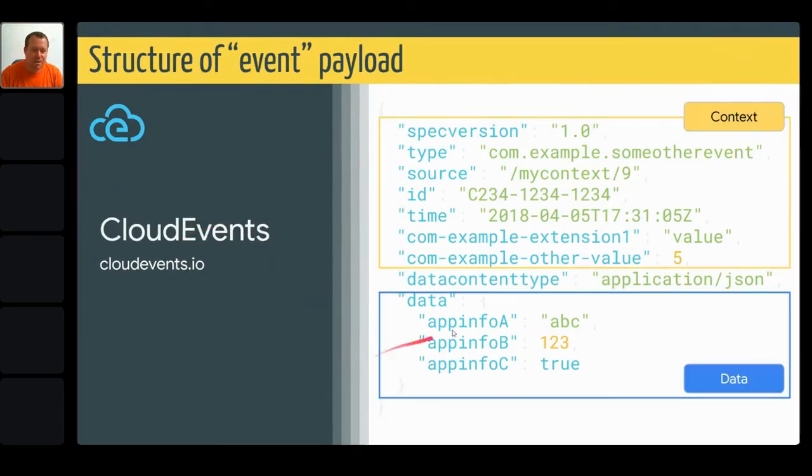And if I go to the next slide, we have a context area, and we have a content type of it, and then you have the data section. Essentially, in Google Cloud, 99% of it, you will use the data section. In the context section, you will eventually use the time and the ID.